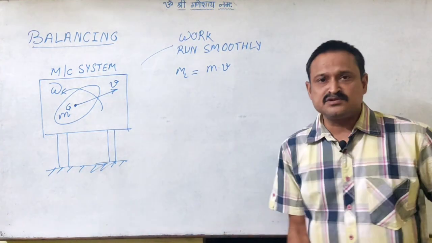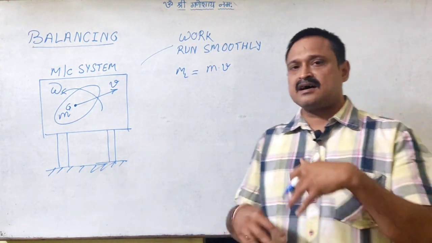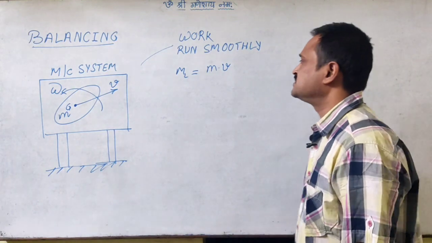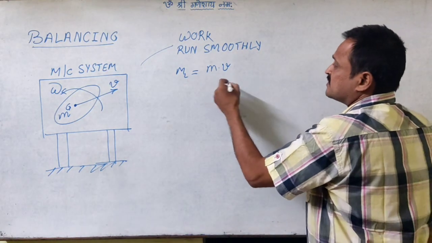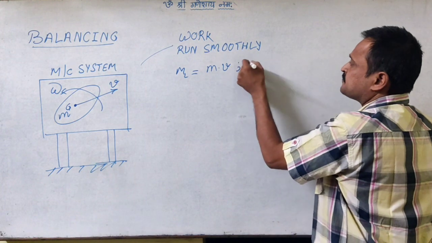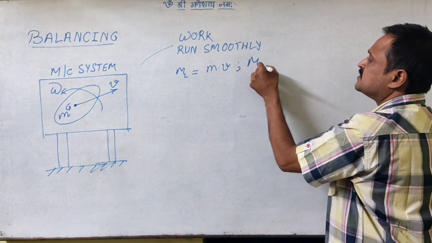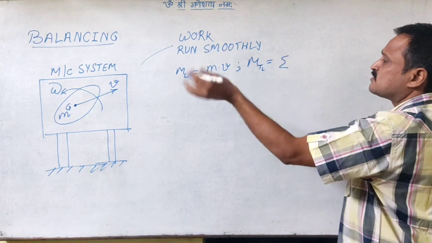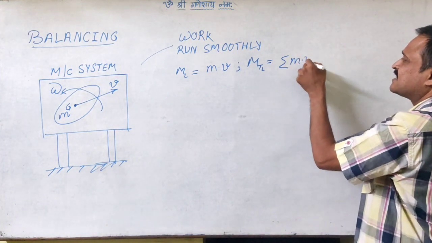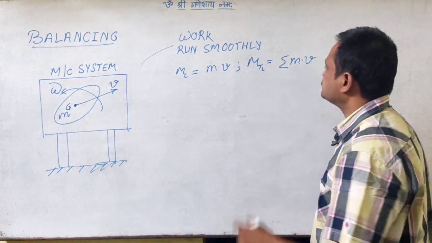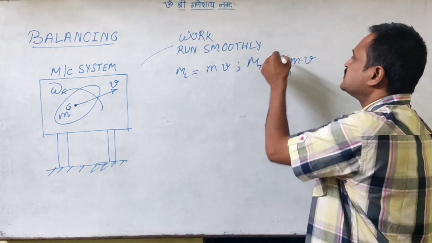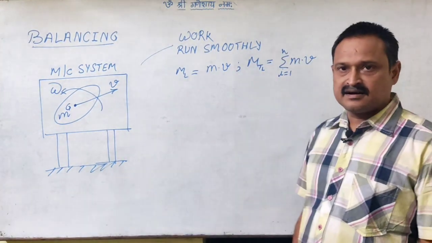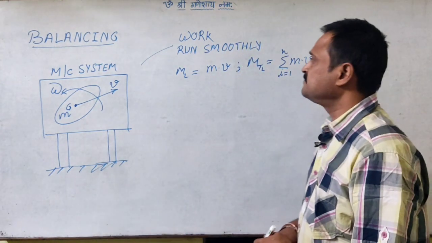Now there is not only a single component, there are so many other components also in the system. So the total linear momentum will be the summation of all the masses and their respective velocities, from 1 to, let us say there are n components in the system.